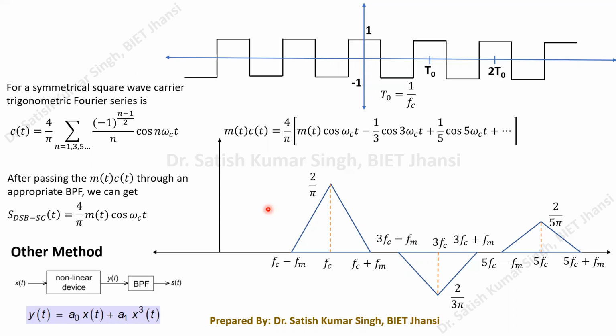So to reduce the power of the modulated signal, we have gone for the double sideband suppressed carrier technique, in which the bandwidth requirement remains the same as in conventional AM, but its power requirement is reduced because we are suppressing the carrier part. Therefore our modulation efficiency in DSBSC becomes 100%.